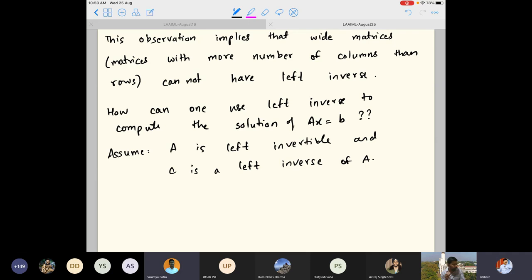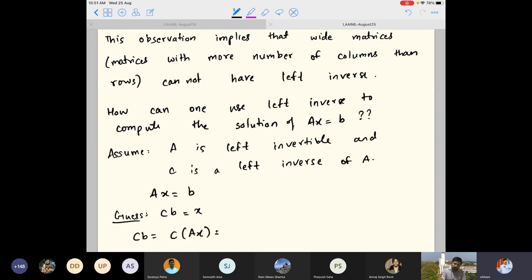Then how will you use this C to solve AX? You have AX equals B. So what is your guess for the solution? X equals C into B. That is the guess, right? So you multiply C into B. What is B?